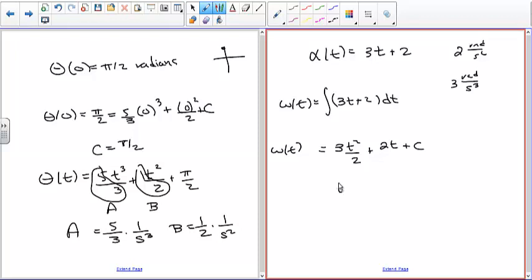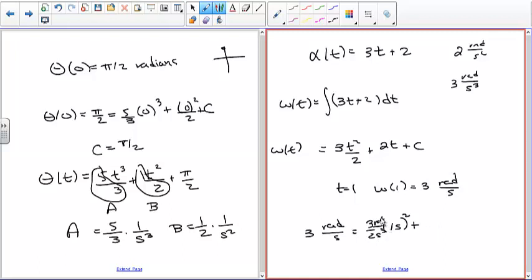Let's say at t equals 1, omega of 1 is equal to 3 radians per second. So you would say, okay, omega of 1 is 3, so you get 3 radians per second is equal to 3/2 times t squared, which is 1 second squared, plus, and the units of this are radians per second cubed.